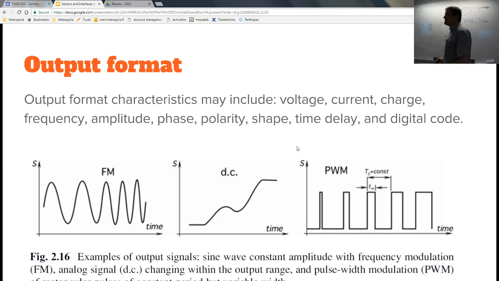All right, now we are talking about the output format. So basically output format characterization, it's just read the manual. Take a look at the sensor data sheet. The output can be basically anything. There are no given rules it must be like that. There are some industry standards, like for example on the current mode sensors, meaning that the output is actually a current signal.